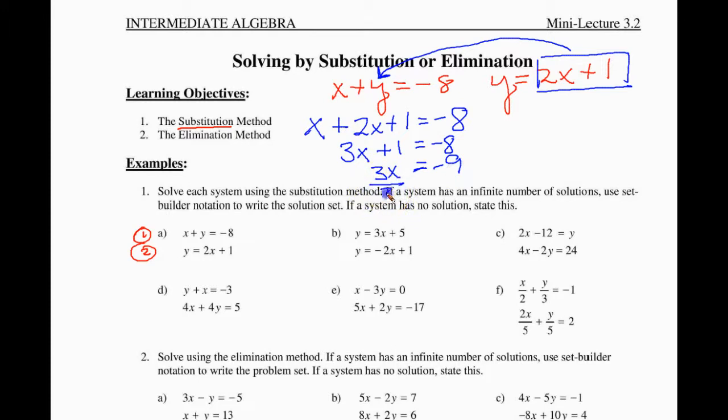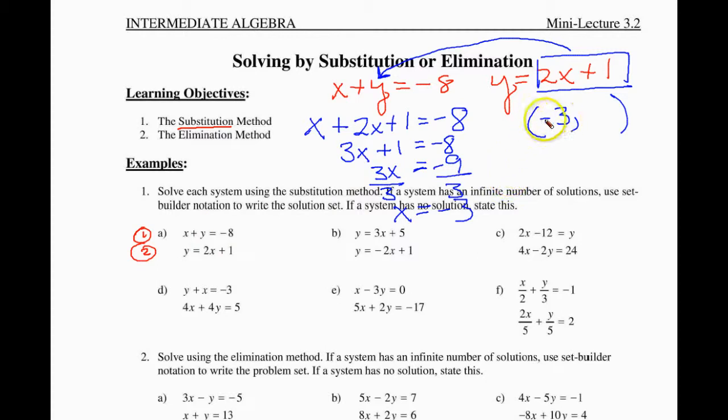We're then going to solve for x. And here we have to be careful. We get x equals a negative 3. So we now have one member of our ordered pair of where these lines, if we drew them, would intersect.